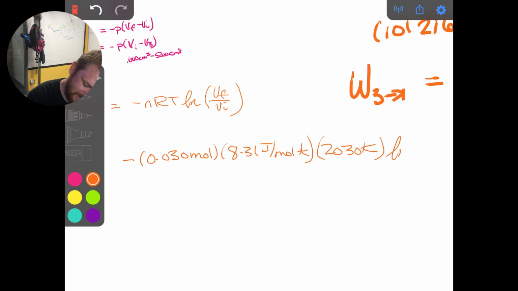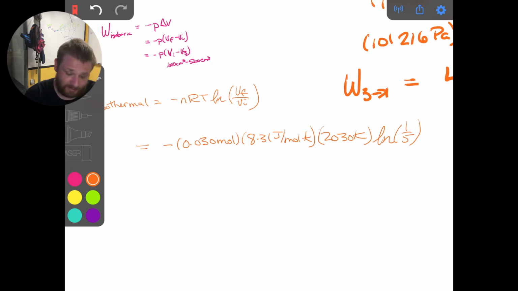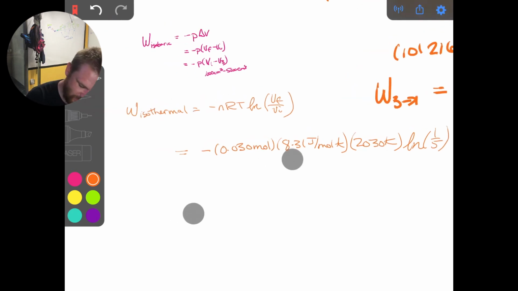And then we have times the natural log of a fifth, 1 over 5. All right, so we're going to plug that into our calculator. Very last one here, minus 0.030 times 8.31 times 2030 times the natural log of 1/5. And I get 815 joules for that.